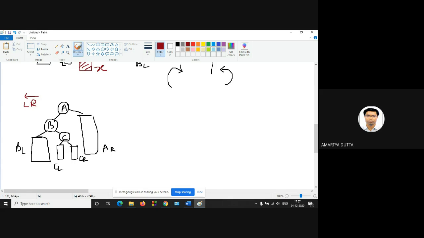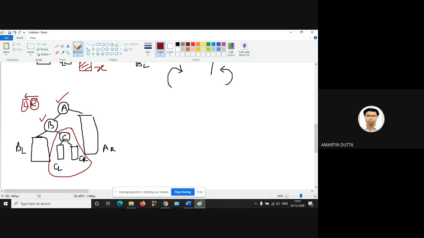That is, the inserted node is in the right subtree of the left child of node A. So this is your node A. What is the left child of node A? This is B. Now the right subtree of B is this C.